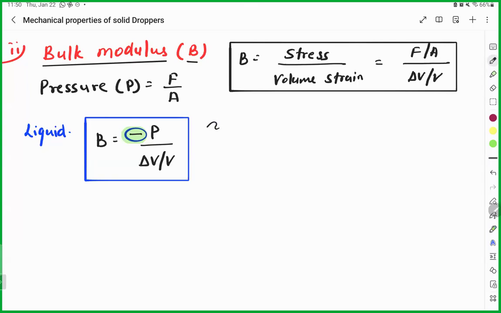The answer is by example. If you increase volume, delta V, then you know pressure will decrease. If delta volume is positive, then pressure will be negative. Yes or no?